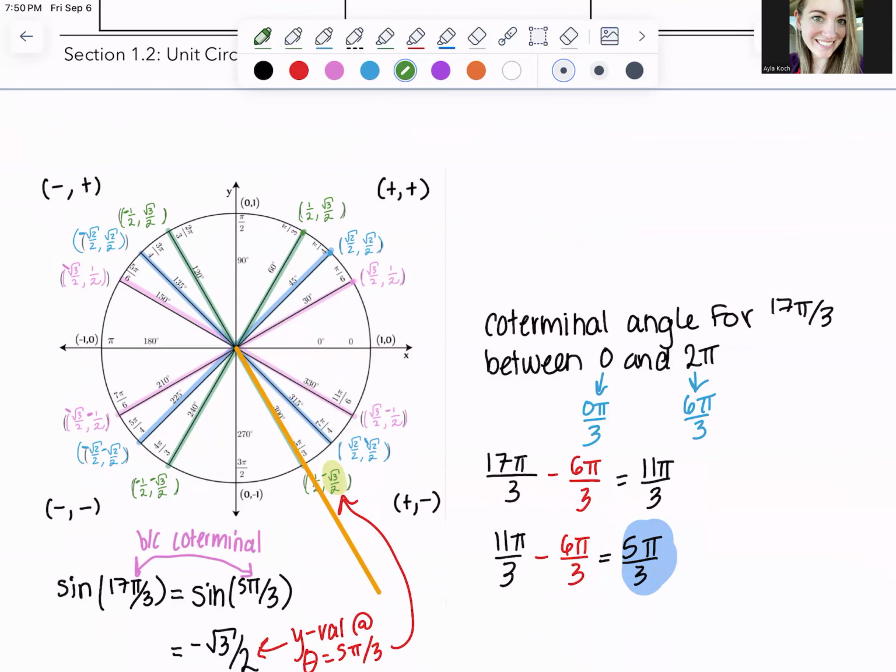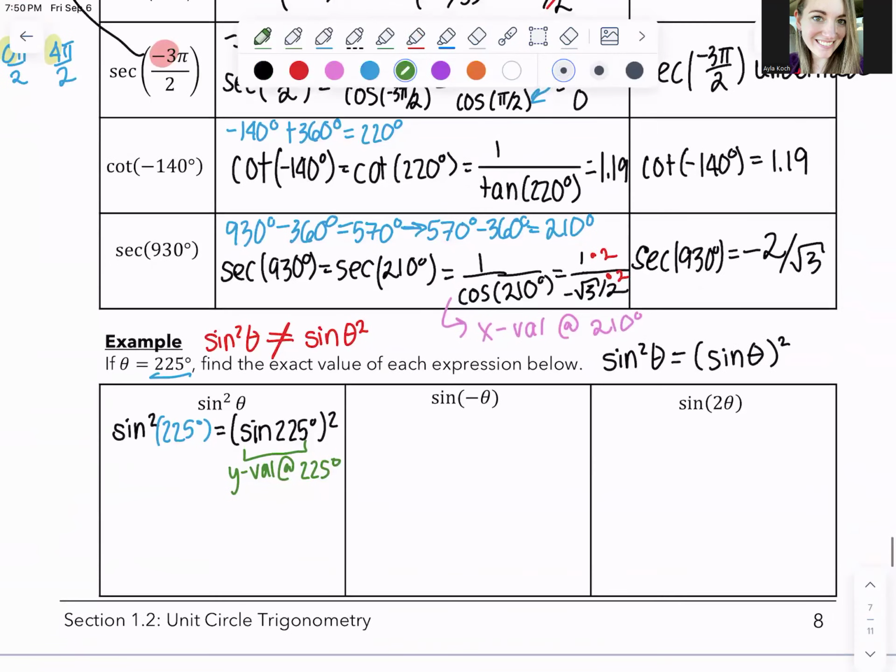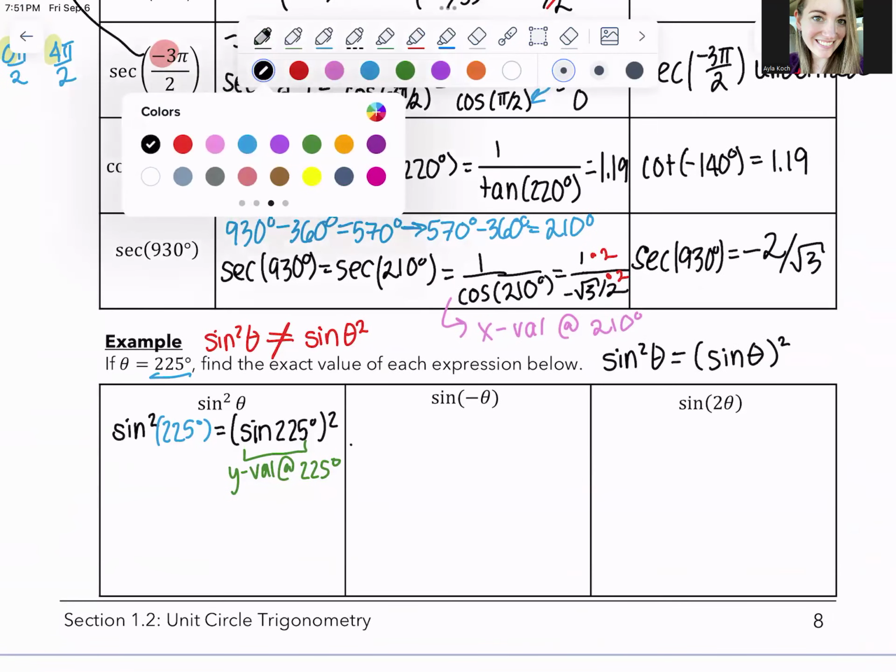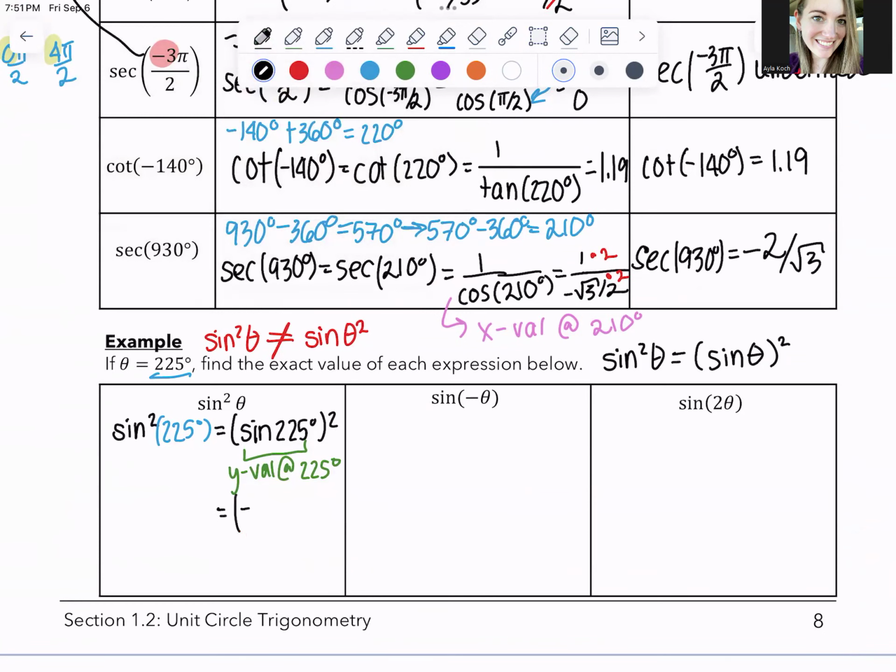At 225 degrees, the y value is negative root 2 over 2. The whole thing is squared. If you square negative root 2, you're going to get positive 2. If you square the denominator, which is 2, you get 4. And that simplifies to 1/2.